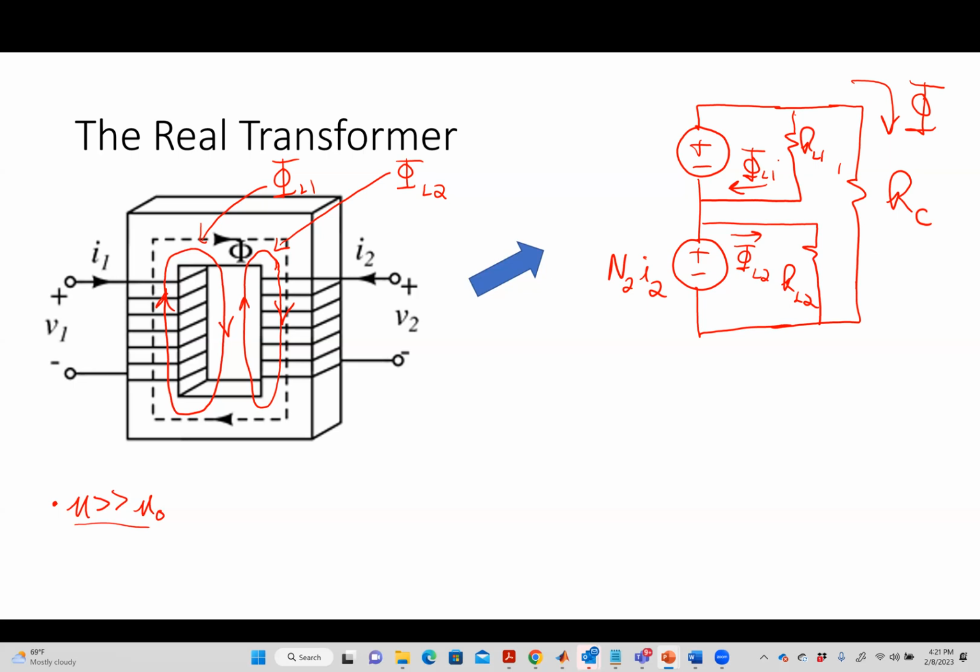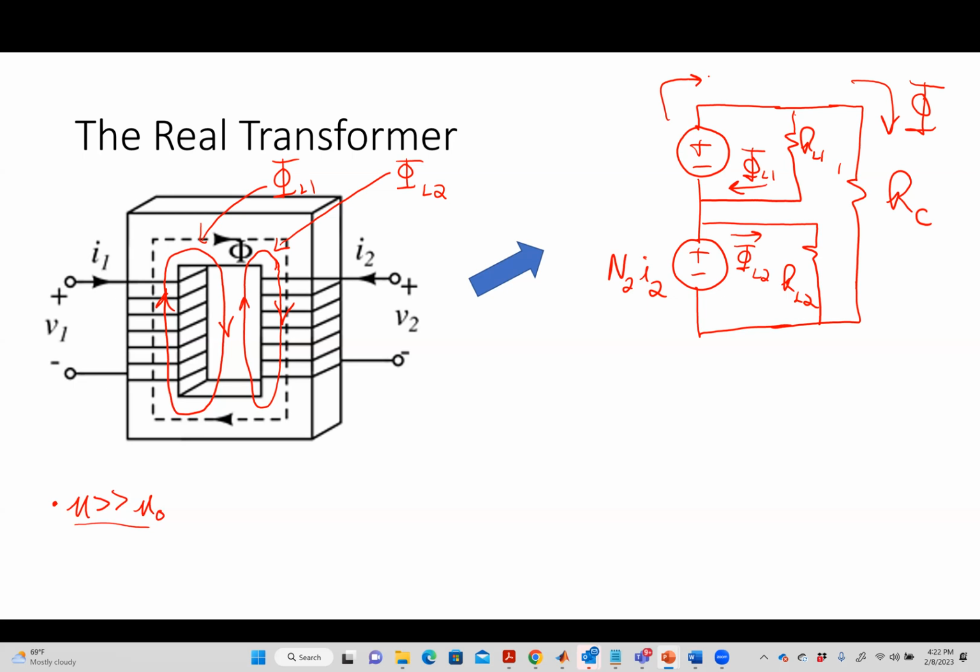The sum of the fluxes, right? If I want to figure out the flux linking coil number 1, there are two ways for me to look at this. If I look at that picture over there, the flux linking coil 1, what does it have to be based on this picture? There are two fluxes there, right? It's what phi is, and it's what phi L1 is. It's the two of those.